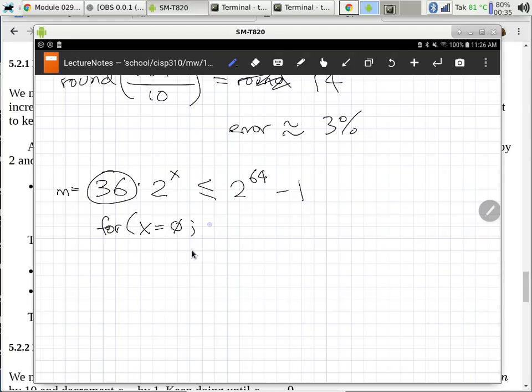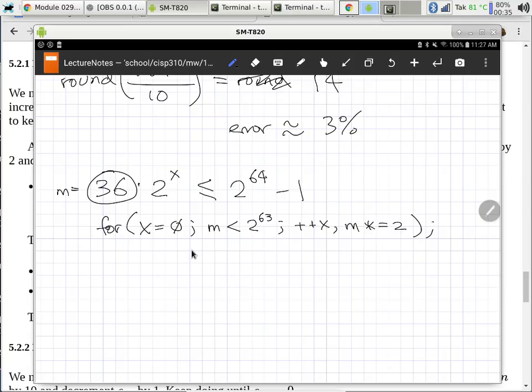What we're going to do is say if m is less than 2 to the power of 63, then we can go through another iteration. The post operation is incrementing x by 1 and also multiplying m by 2, so m *= 2, and that's my for loop.